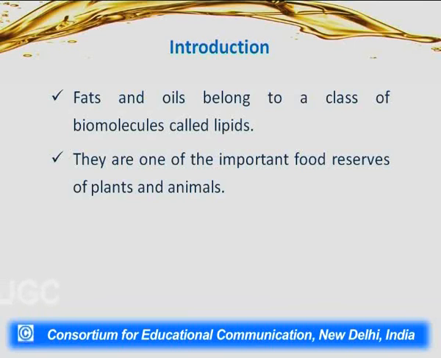Plants have this material reserved in the seeds, generally as oils, and they are their food reserves. When a seed is sown, at the initial stage of growing the plant, when leaves are not there, the food required is obtained from the stored proteinaceous materials and oils in the seeds.